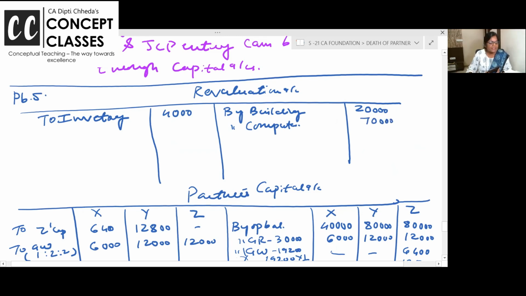Computer भी चाहिए 70. Next, investments you want it at 6,000. Investments are 10,000. So 4,000 investment की value कम कर दो. Next, debtors are considered good. So okay, they are good only. So these 4 assets you are changing the value.